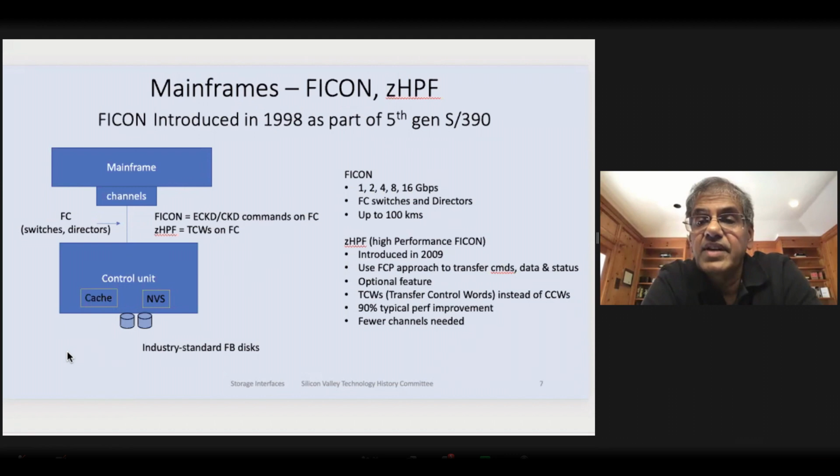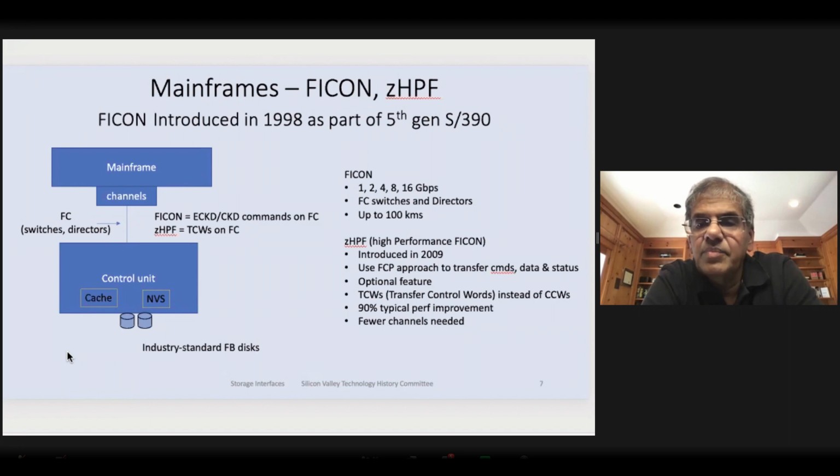And now, of course, things went faster and distances moved up to 100 kilometers. And then later in 2009, high performance FICON came along. This is just one more example of leveraging what was already happening in the industry to make things better, to ride where the energy was going.